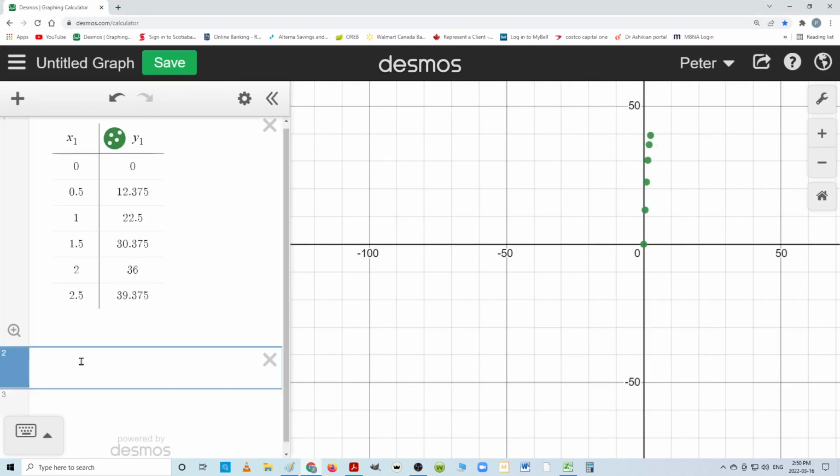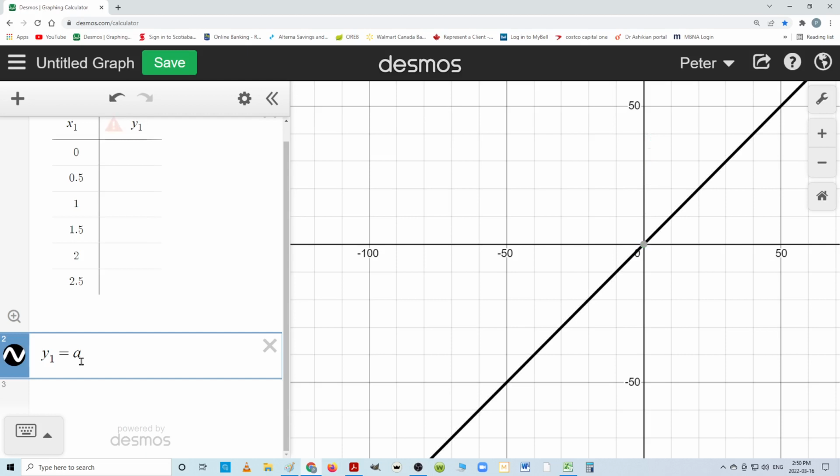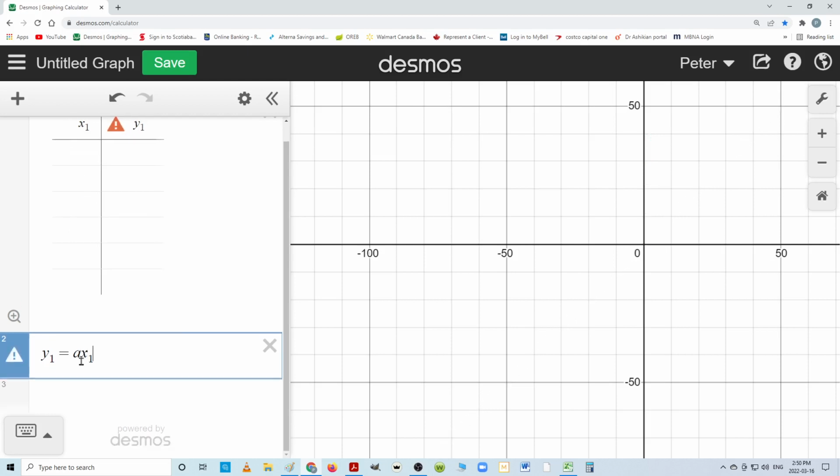But if you do this, so y1, which means I'm going to take the y values from the table above, is equal to a x1 squared plus bx1 plus c.